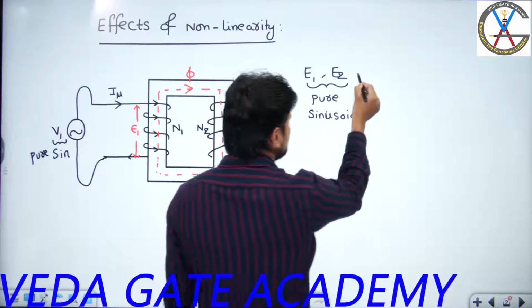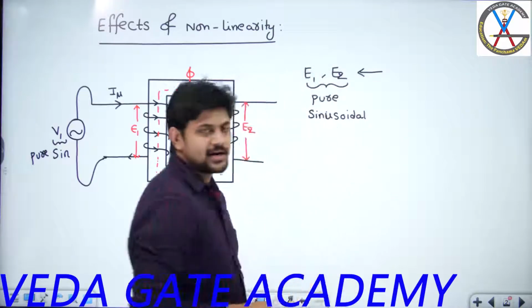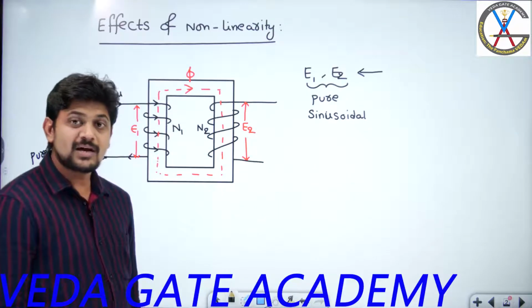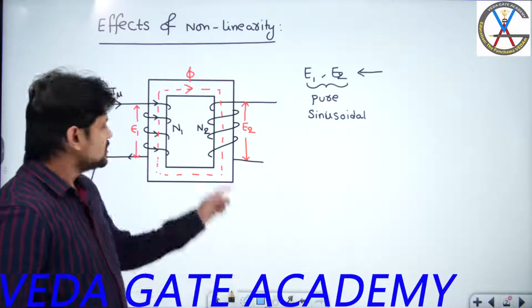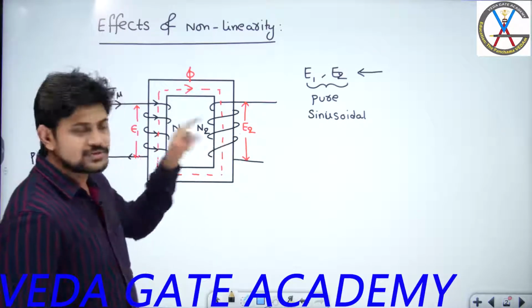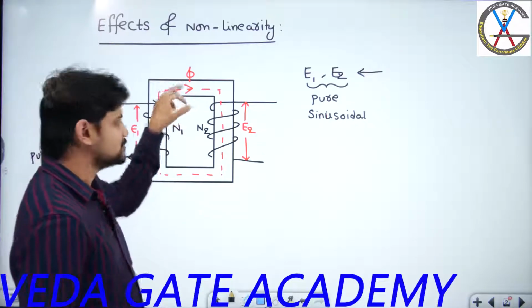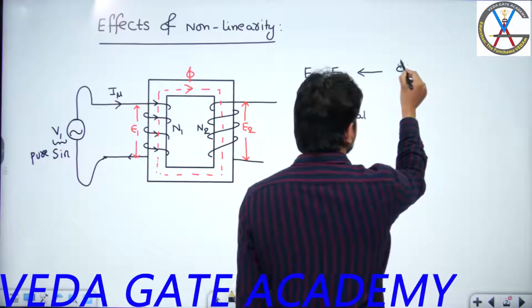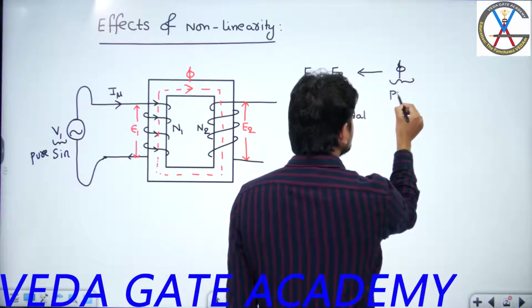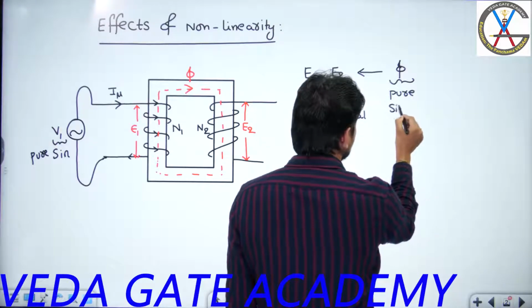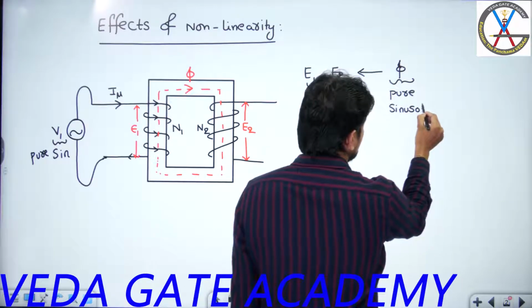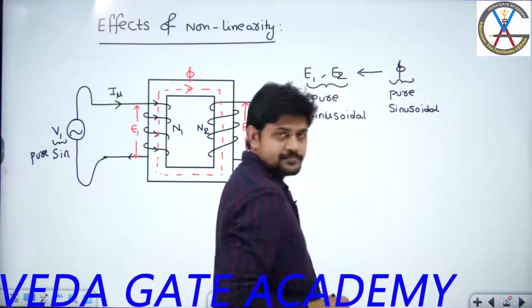Now, these induced EMFs in the primary and secondary windings are induced because of flux linkages. So if I want pure sinusoidal induced EMFs, the flux linking with the windings must be pure sinusoidal, of course with some phase angle difference. Are you following?